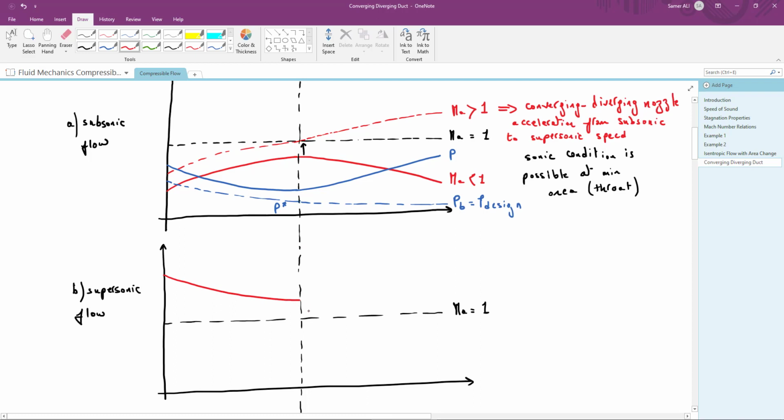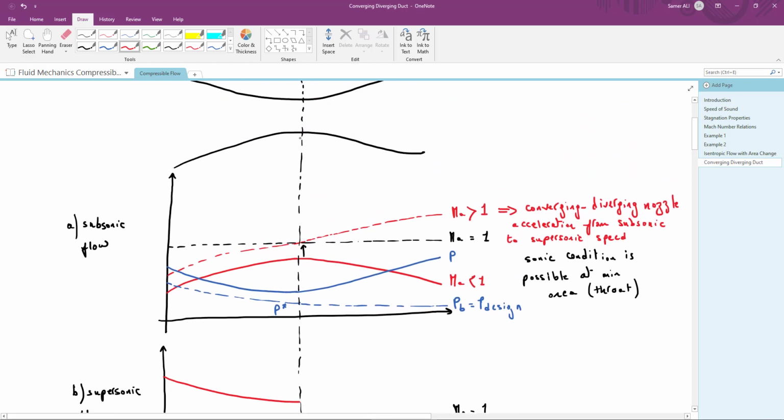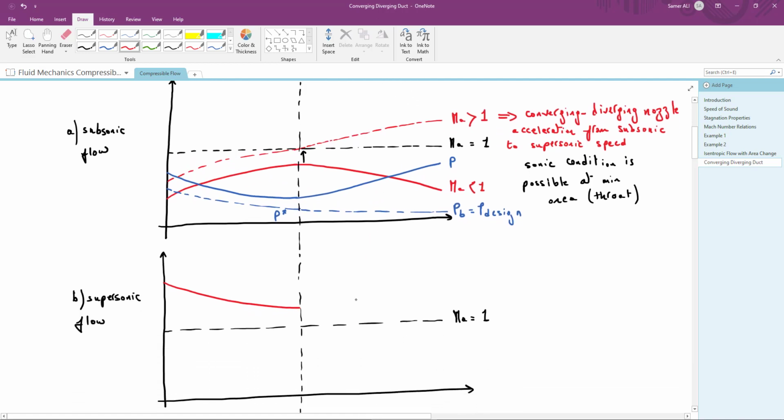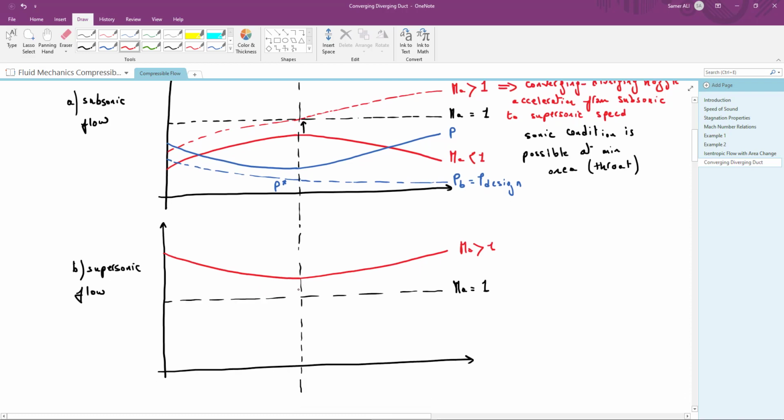And if the flow stays supersonic at the minimum area and we continue, the diverging section will act as a nozzle for supersonic flow. So the Mach number will increase in the diverging section, and here the Mach number will be greater than 1. And also in this case, the flow is approaching the sonic condition at the minimum area location.